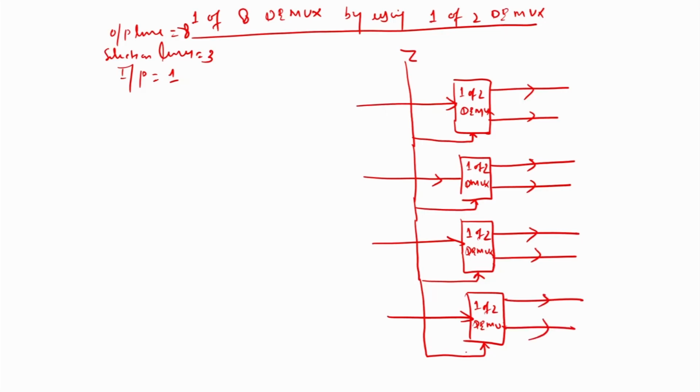Then there are 4 inputs, so again there is a requirement of 2 DMUX, each of size 1 of 2 DMUX.